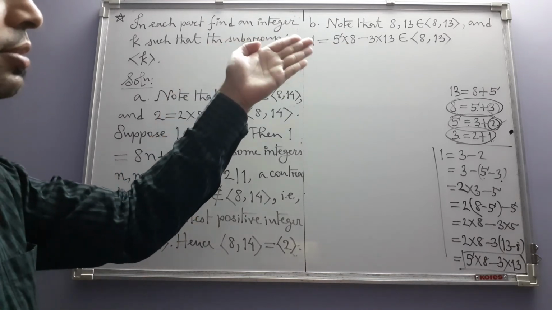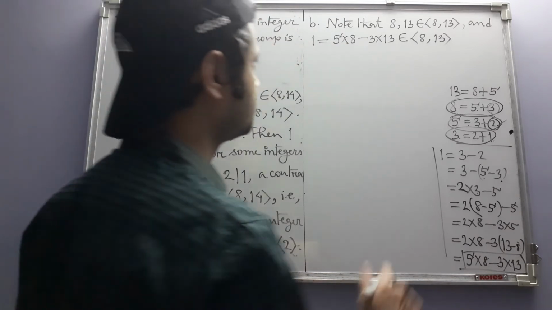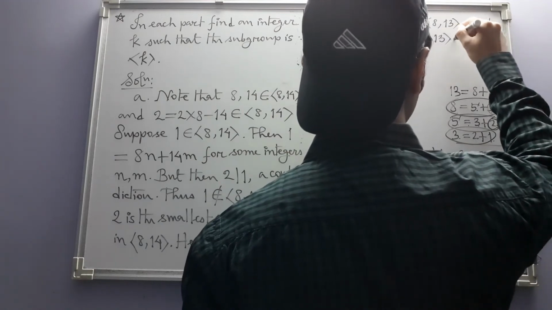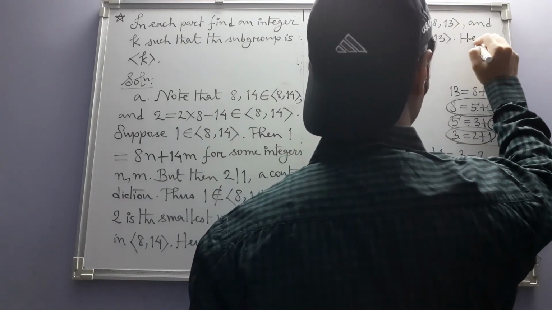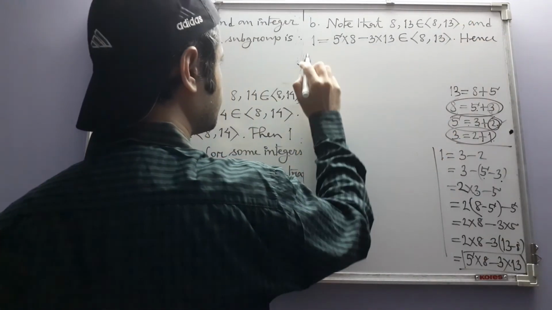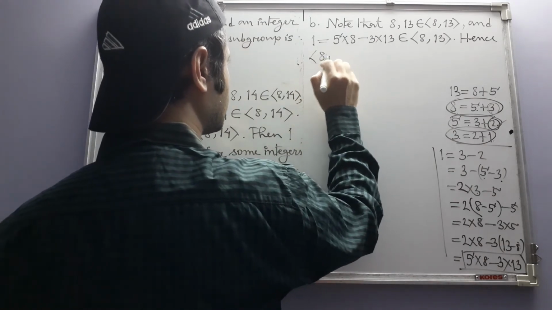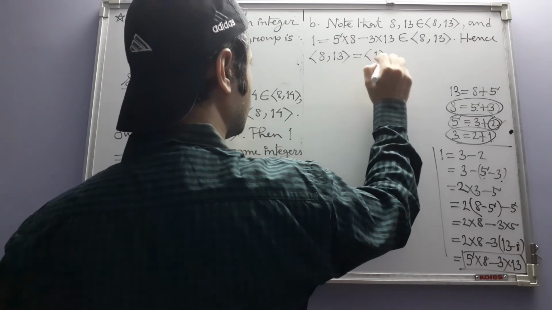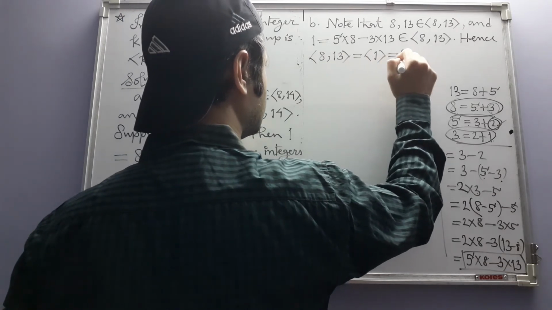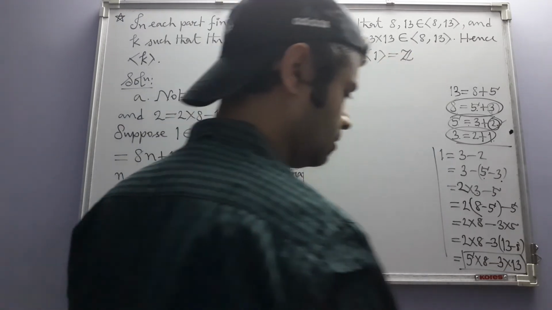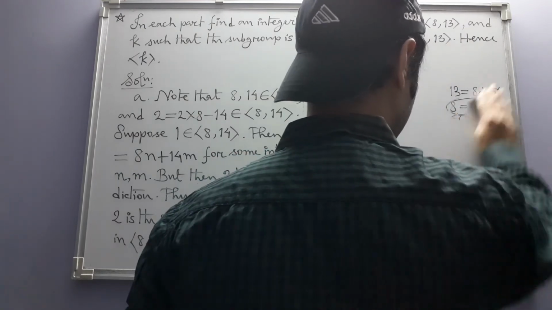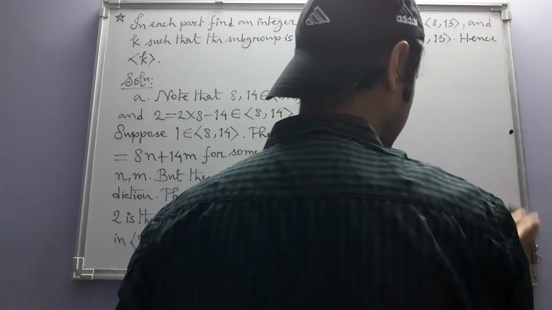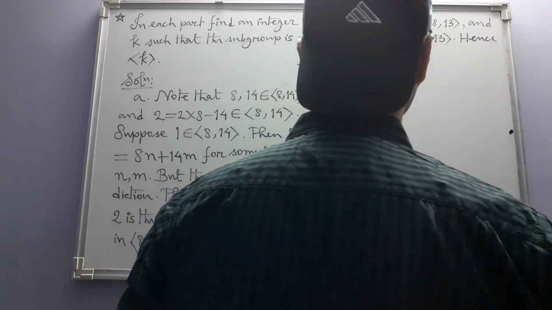So this contains all the integers. Hence the subgroup is equal to the entire group of integers. And let's forget about this embarrassing calculation.